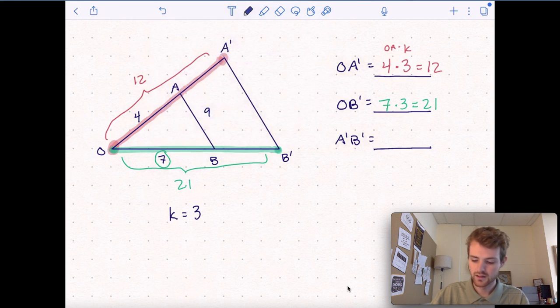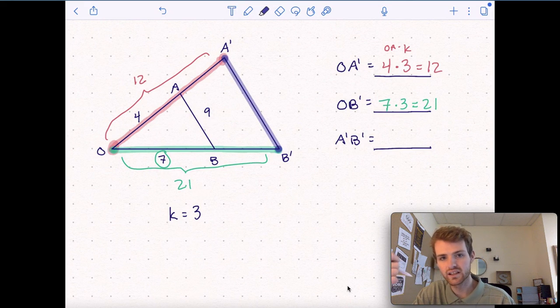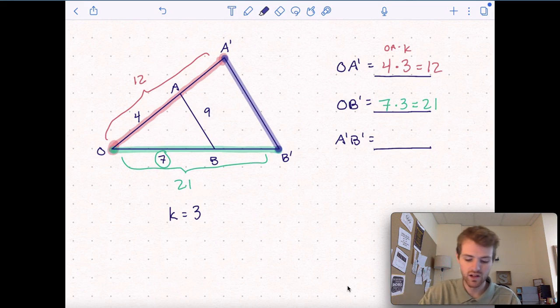Finally, we'll look at A prime, B prime. That's this length. What side on the smaller triangle corresponds to that A prime, B prime? AB? Yes.